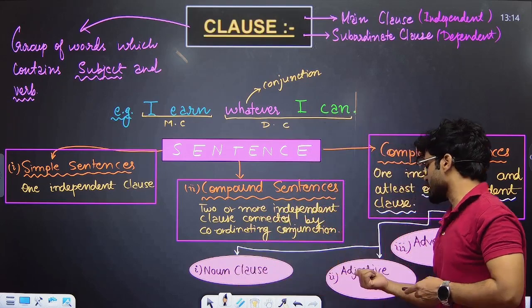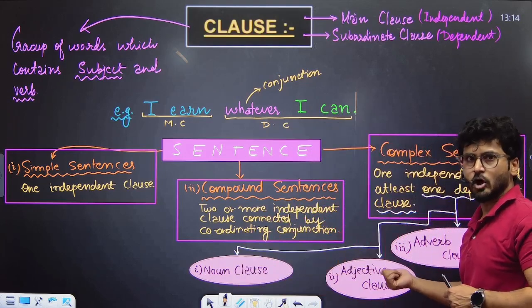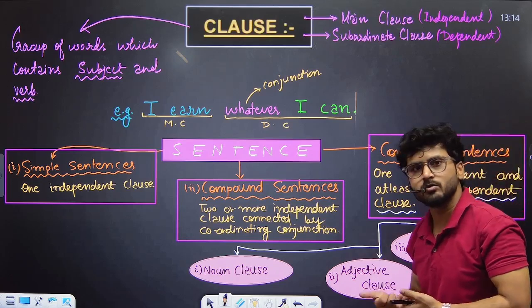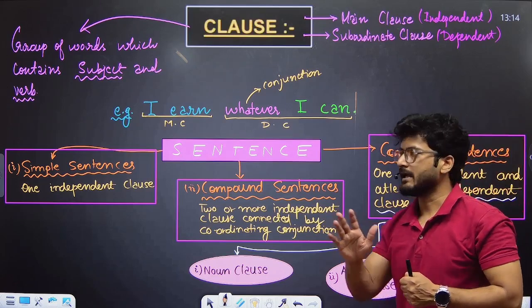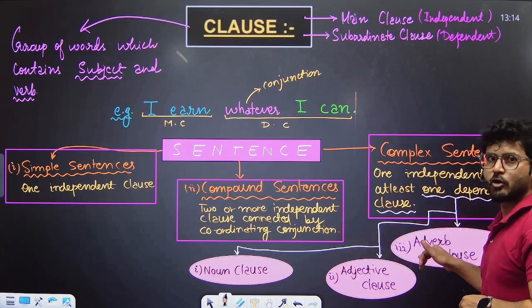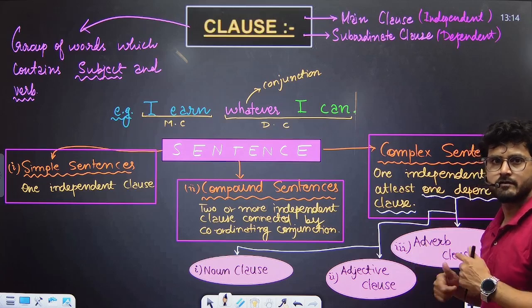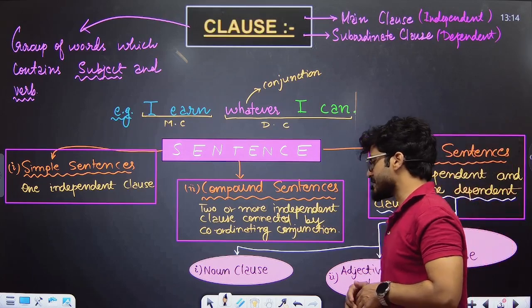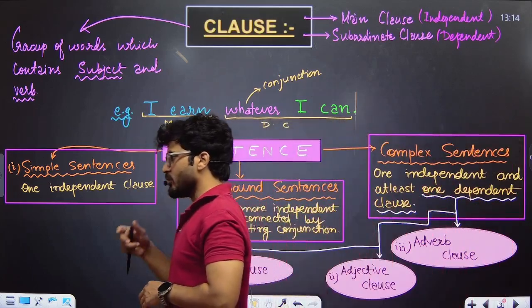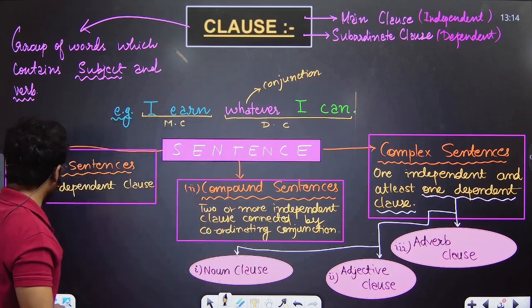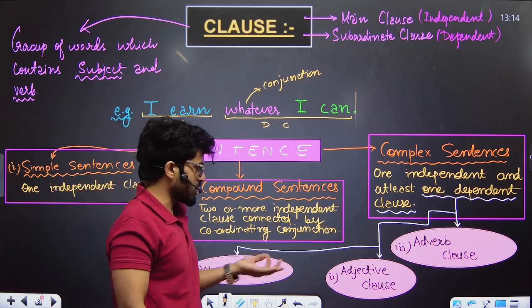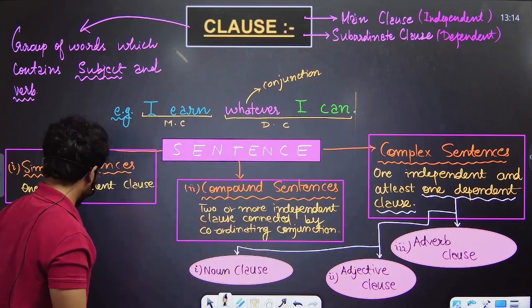If it is modifying the noun, it will be an adjective clause. And when it is modifying the verb, it will be your adverb clause. In the case of an adjective, you get more information about the noun. Let's discuss them one by one: noun clause, adjective clause, and adverb clause.